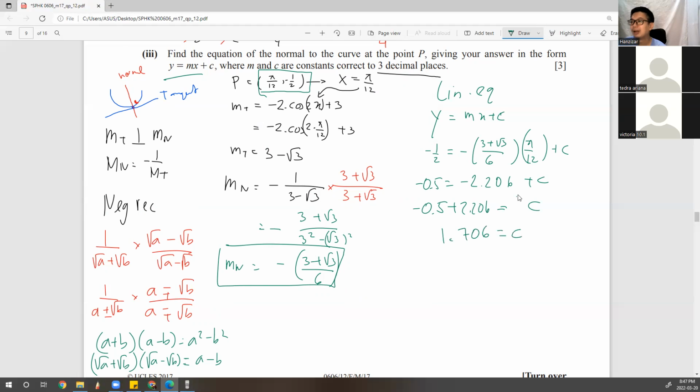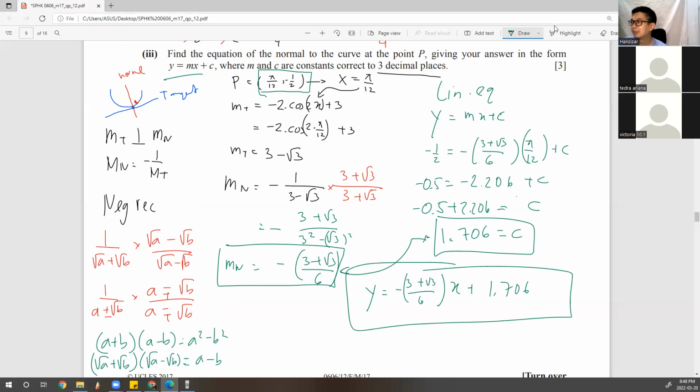We have the gradient and we have the c. Now go back to the original: over 6, x plus 1.706, done. That's the formula. It's a long journey for question 3.